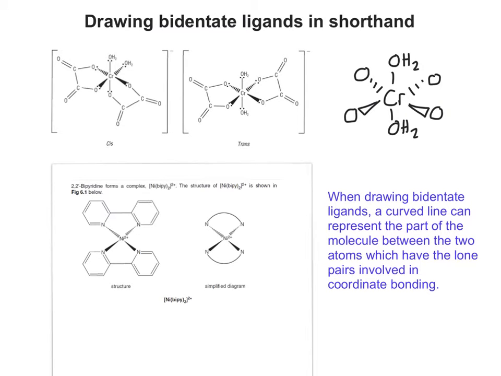I add in the oxygen atoms that possess the lone pairs that are involved in coordinate bonding. And then again, I can draw in the curved line to represent the rest of the molecule, which I've now highlighted just so you can see what I mean. So this could be an easy way to draw bidentate ligands in complexes, and in mark schemes it's generally acceptable.